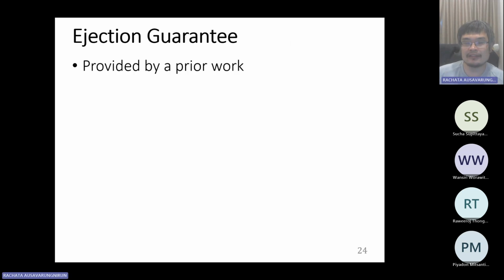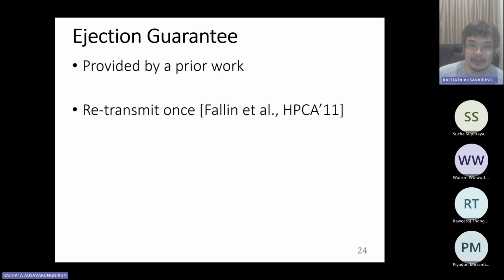Now, the last thing is the ejection guarantee. With the ejection guarantee, we use prior work proposed by my good friend, Chris Fallen. The work used this technique called retransmit once, which he basically applied to network on chip.